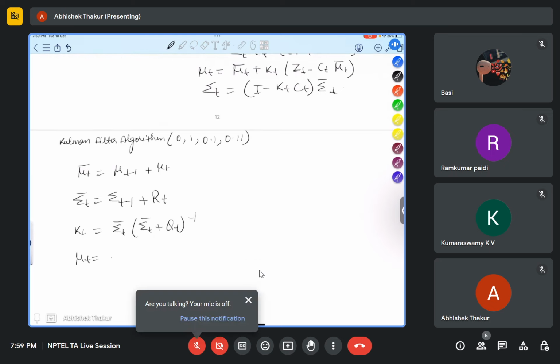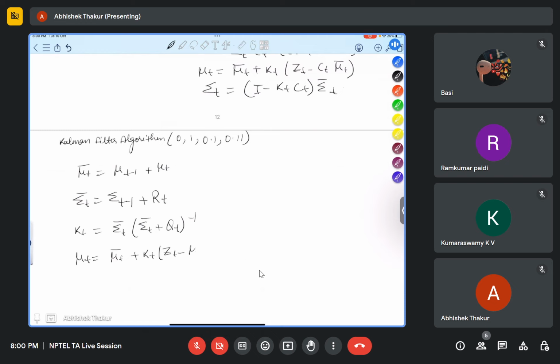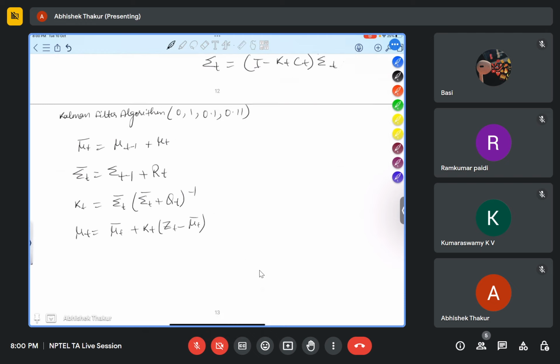Mu t is equal to mu t bar plus K_t into z_t, and C is 1, so only mu t bar, and covariance is I minus K_t C_t, C_t is 1, so I minus K_t into sigma t bar.